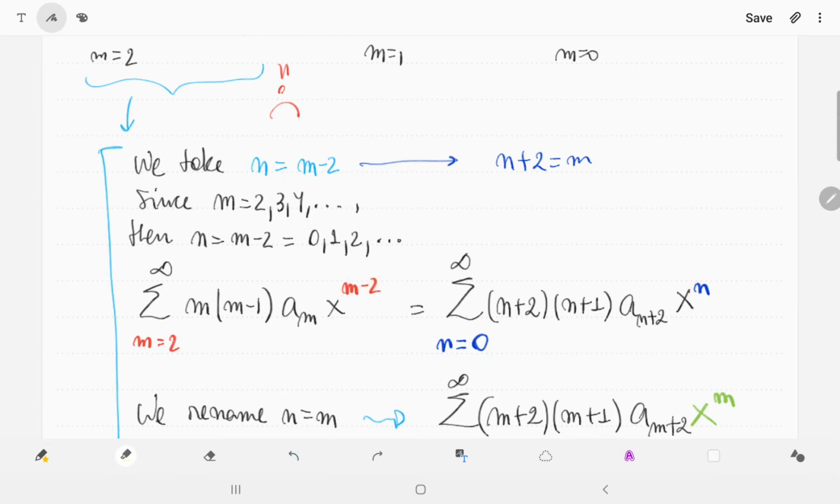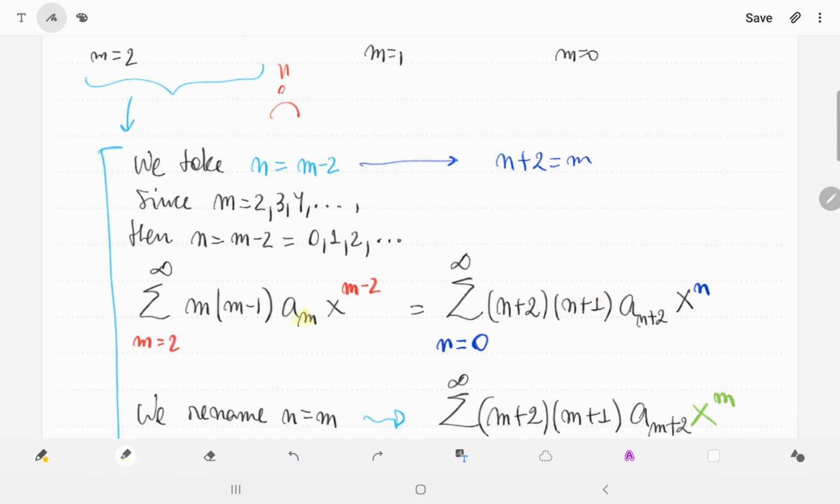And now pay attention, because now we have to write all these terms in terms of n. So, as we said, m is equal to n plus 2. Here we are. m minus 1, if we look at here, is n plus 1 here.